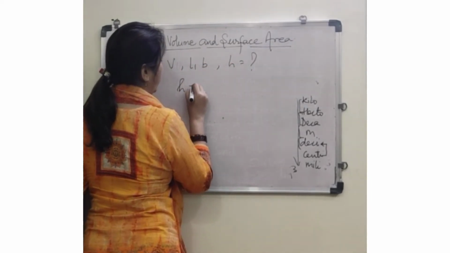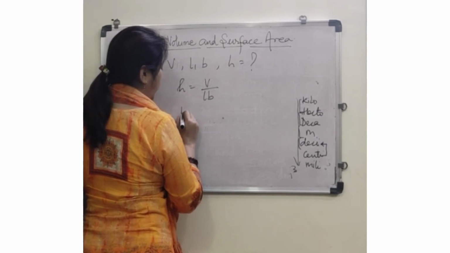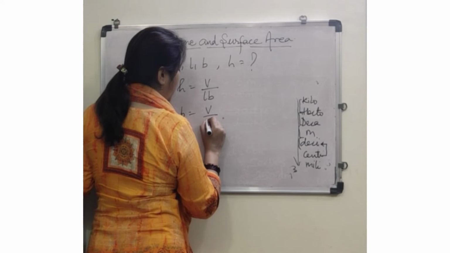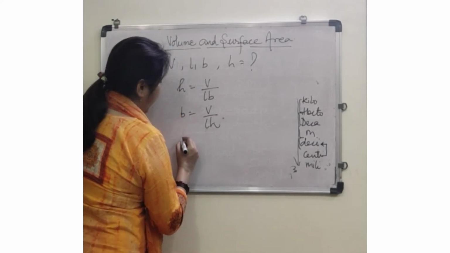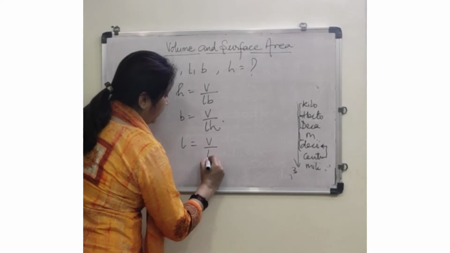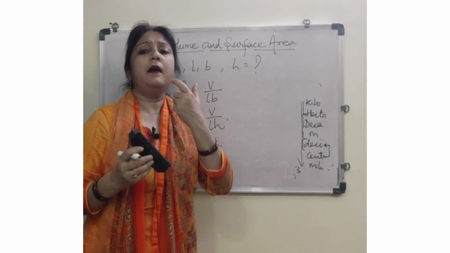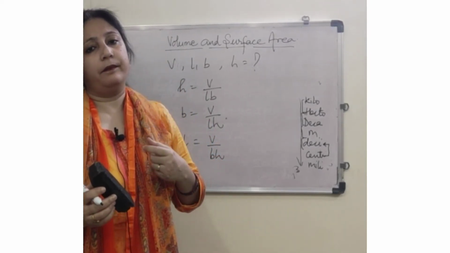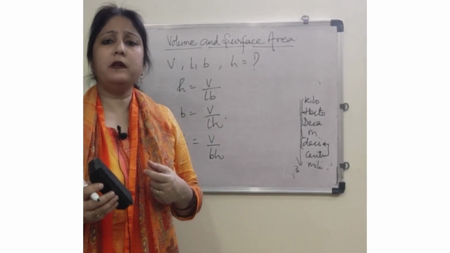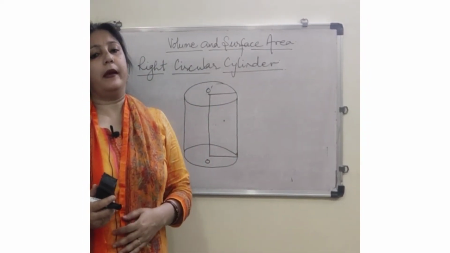So height is equal to volume upon LB. Similarly, breadth is equal to volume upon LH and length is equal to volume upon BH. This is how you can calculate the missing dimension. Clear, students?